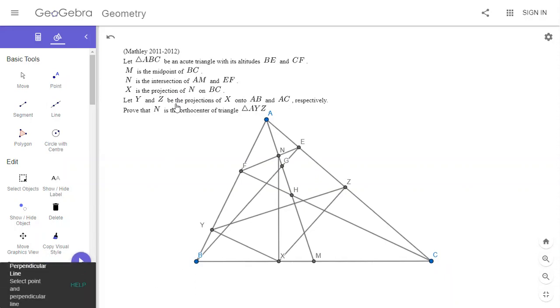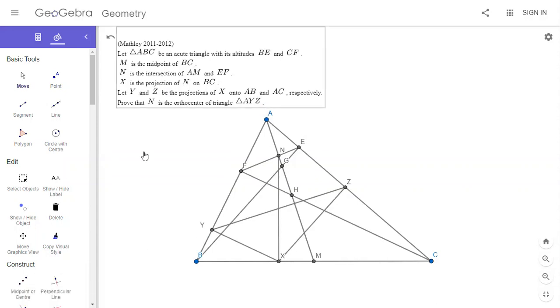Okay, so, sorry, one sec. I'm just thinking through this. Obviously, A, Y, X, Z is cyclic.